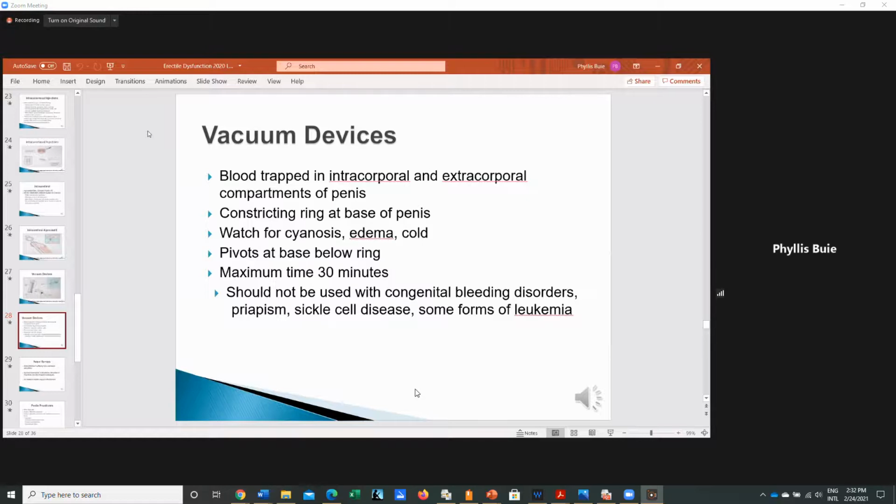We need to be very mindful and make sure that we've educated our patients very well if this is a method that they choose to use. And there again, we don't encourage the use of it with congenital bleeding disorders, sickle cell disease, some forms of leukemia, and priapism, as we talked about before.